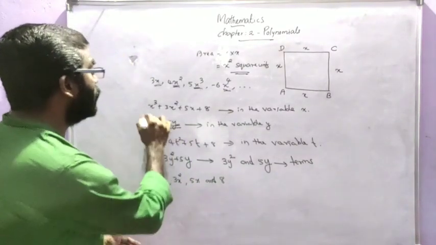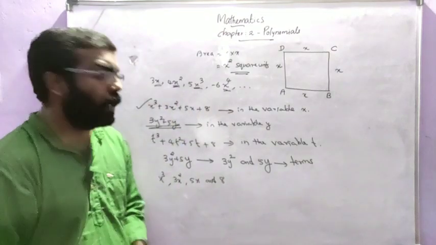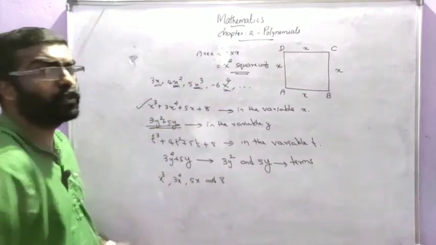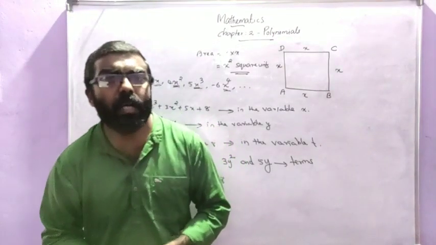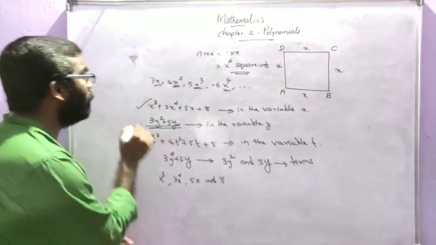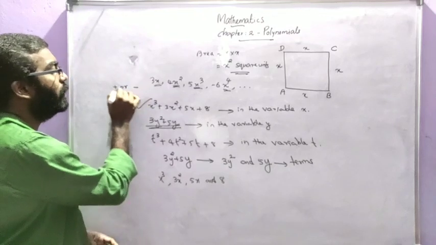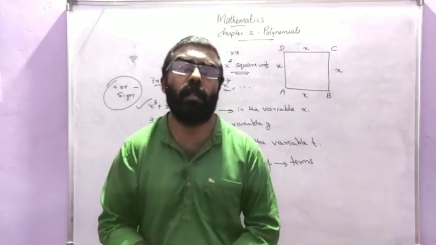That means this polynomial has 4 terms, and the other polynomial has 2 terms. The variables or constants separated by plus or minus symbol are called terms of the polynomial.